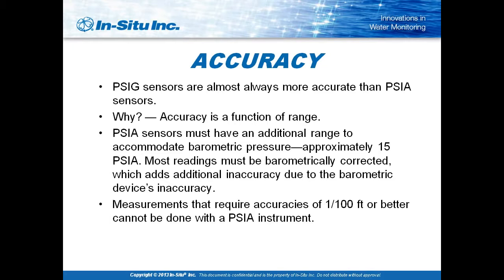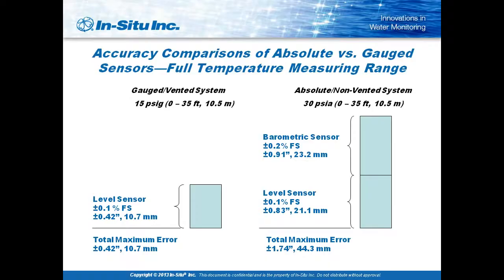But of course, if you do the multiplication, 15 PSI is going to be 0.034 feet of head accuracy, whereas a 5 PSI is going to be better than 1/100th of a foot. So it's simply a matter of the mathematics. If you're trying to get to measurements that are 1/100th of a foot or better, there really aren't PSIA instruments on the marketplace today that will get you to that accuracy.